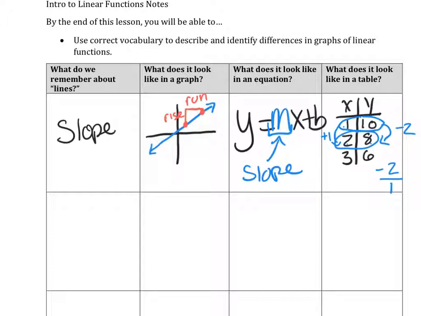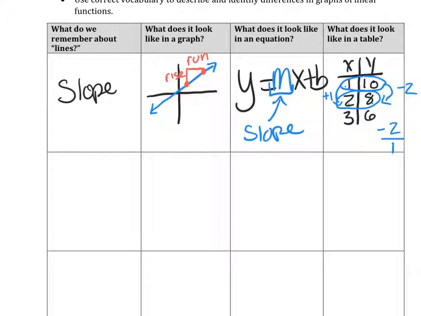Okay, sticking with slope for a minute, what else can we determine about slope, or what are two types of slope that we could have? What are two different ways a line could look? Vertical, horizontal, okay, cool.